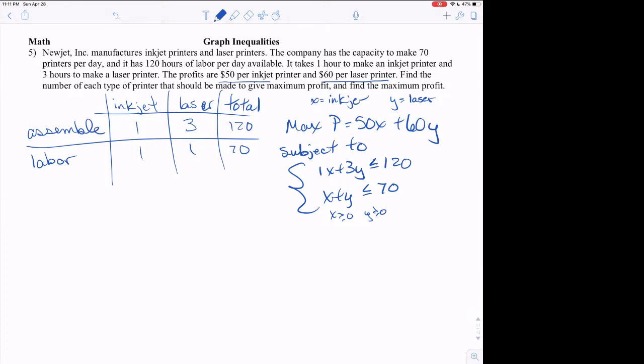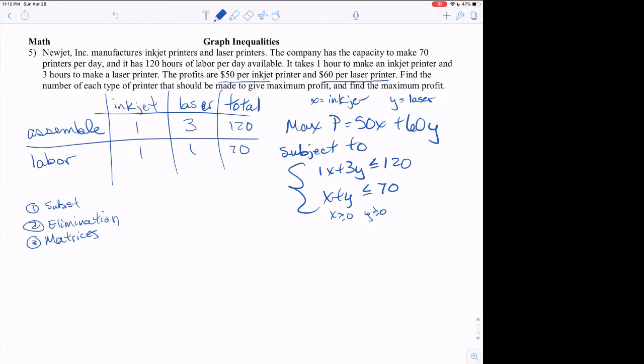So to solve the intersection, I can do it one of 3 ways. I can do substitution, I can do elimination, or I can do matrices.